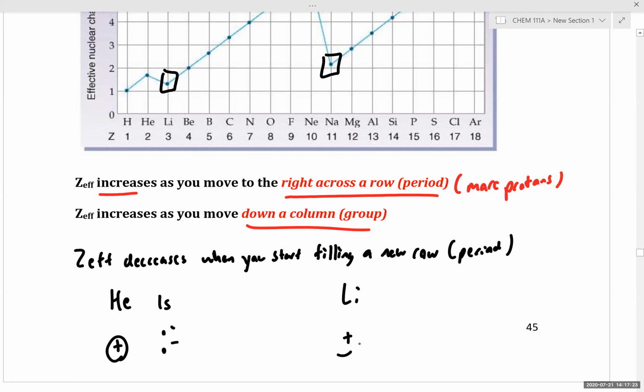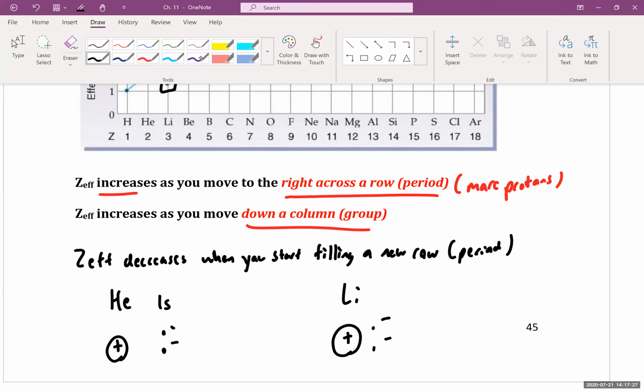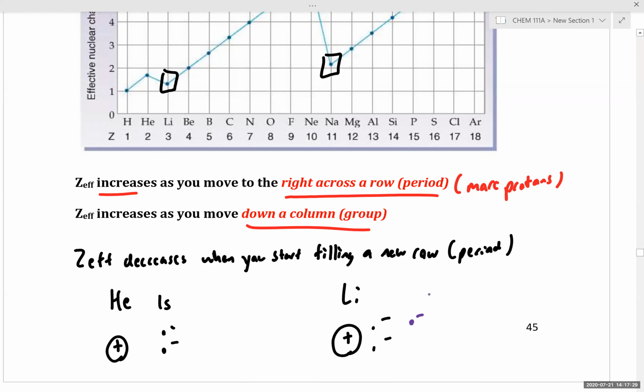When we go to lithium, as we notice, when we start to fill a new shell, this electron experiences a strong shielding effect, because our previous shell, which is now our inner shell, has a large number of electrons that are shielding our outermost electron from the nuclear charge.